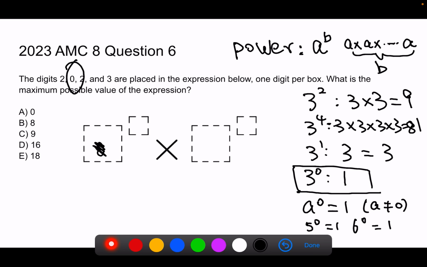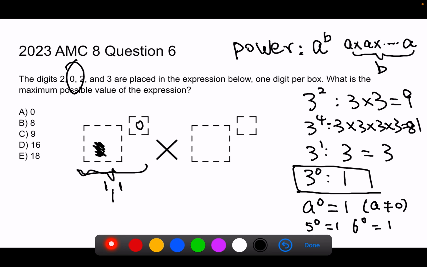So that's the first thing you will pay attention to. I cannot have 0 in the big box, which is the base, which is the A. Instead, I can only have it as a power. So with 0 as a power, you know the first term is going to be a 1, no matter which number is in the big box. Well, you have 2, 2, and 3 left.